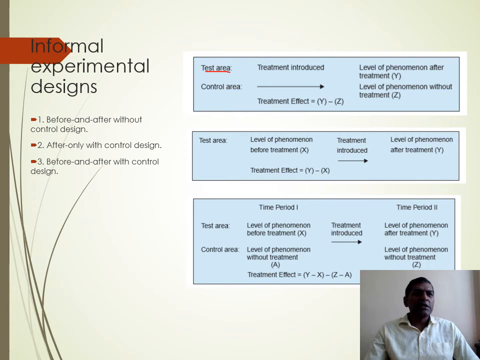In the third type of experimental design, before and after with control design, we have time period 1 and time period 2. We apply a before-treatment input x, and then we get the after-treatment output y in the second time period, whereas this controlled input is provided without treatment, the before treatment.